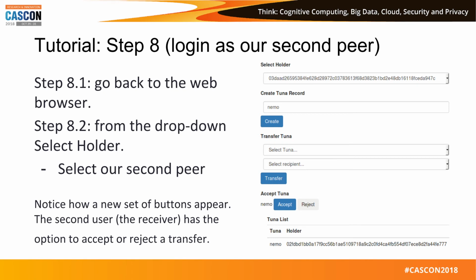So I want to continue to our last steps. Now go back to Firefox and to the Tuna Chain web interface and select the second holder. After you select the second holder, or the second user, you will see a new option for us, that is accept or reject a tuna. So now, here is when the second peer is going to say, yes, I accept your transfer, and now Nemo is going to be mine.